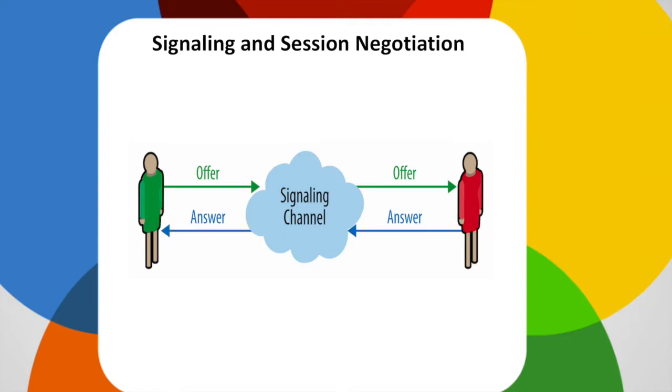WebRTC defers the choice of signaling transport and protocol to the application. The standard intentionally does not provide any recommendations or implementation for the signaling stack. Why?